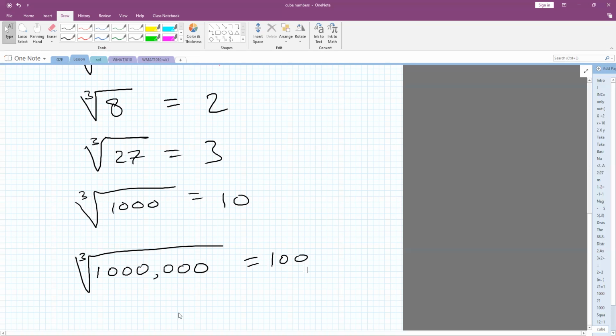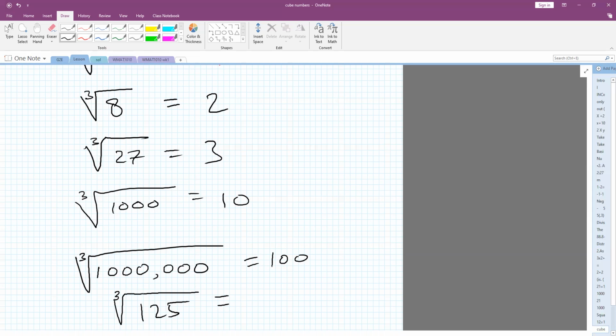What about the cube root of 125? So for this one, I'm not really sure.